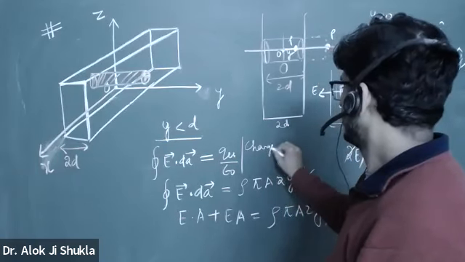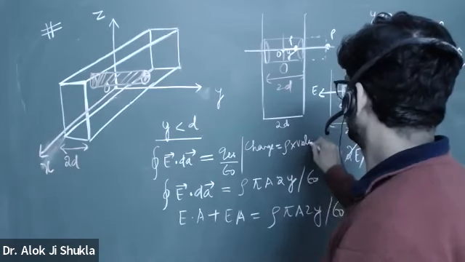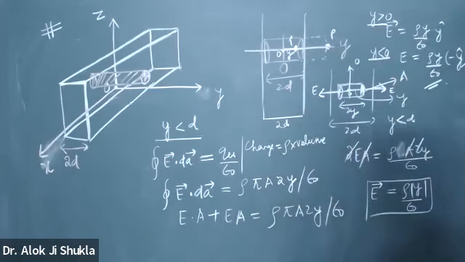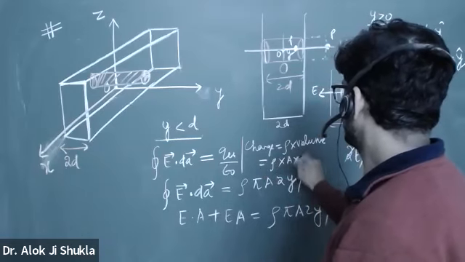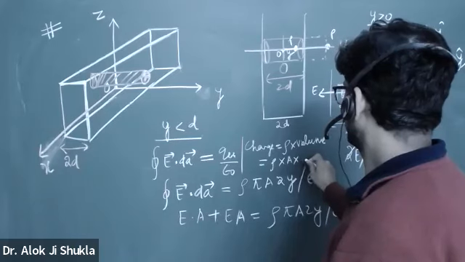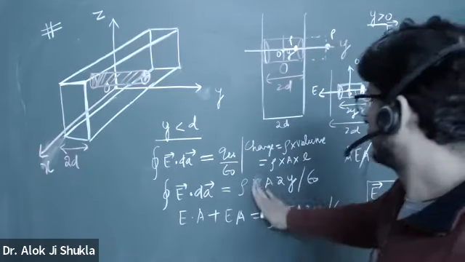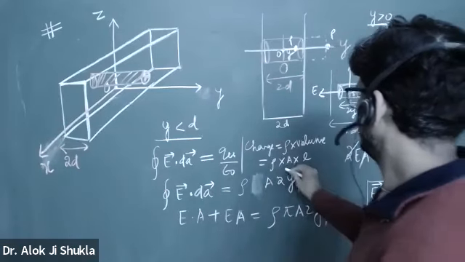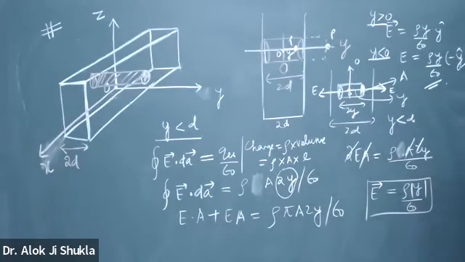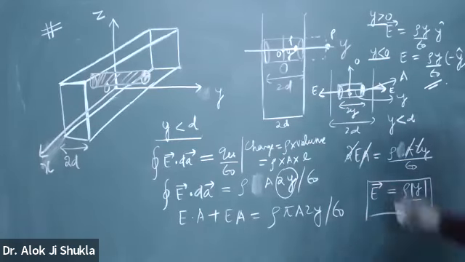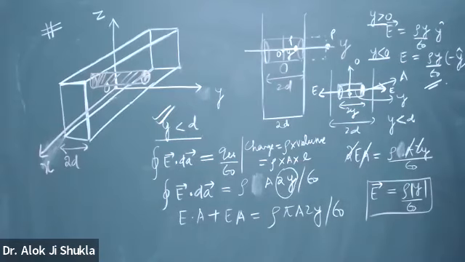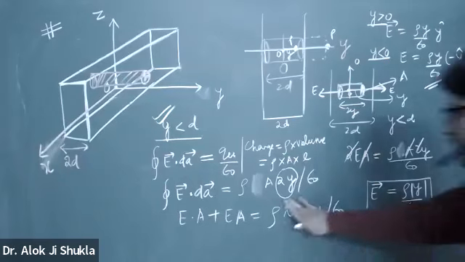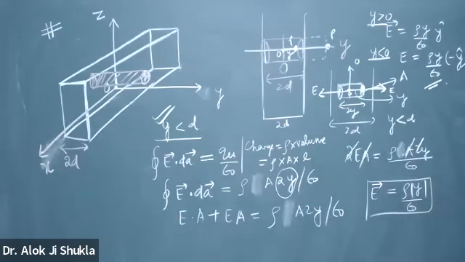Charge is equal to rho into volume. Volume is area into length. So rho in place of rho, area in place of area, length in place of length, 2y. The pi I wrote by mistake once, so remove it everywhere.